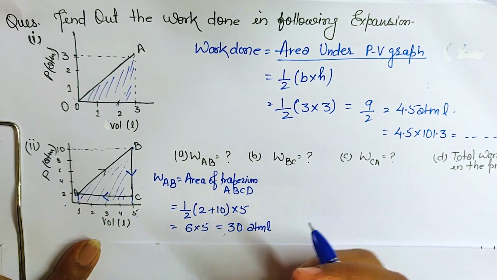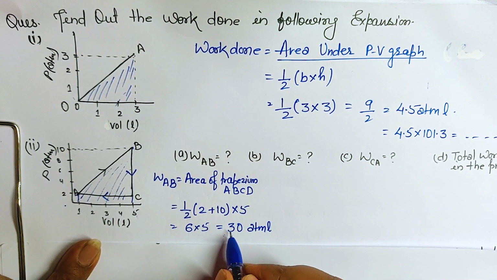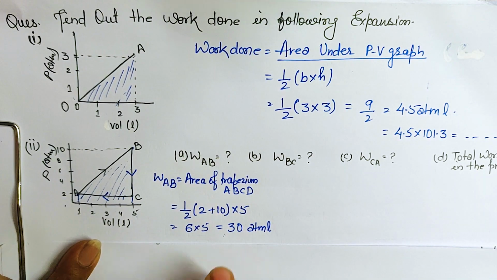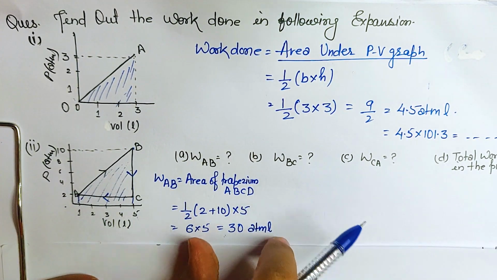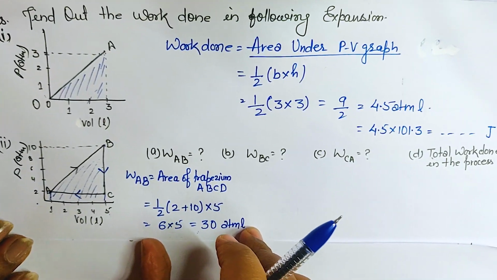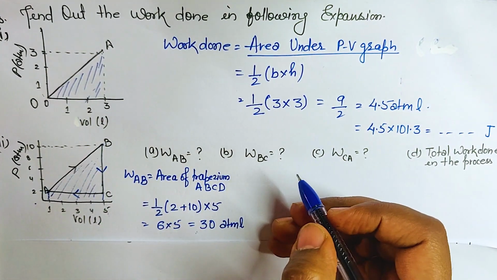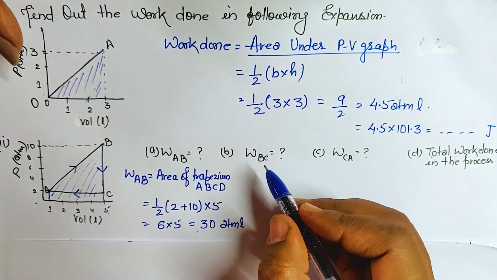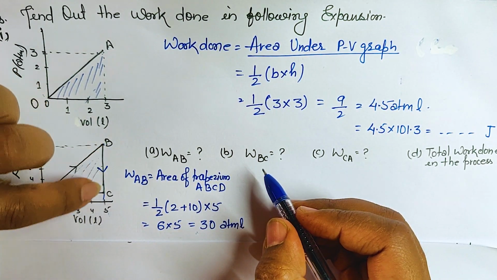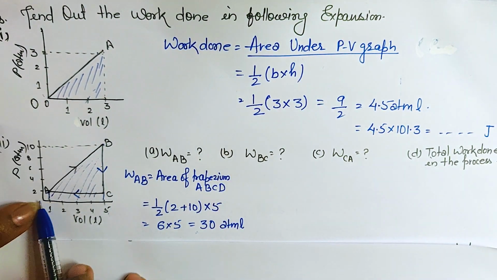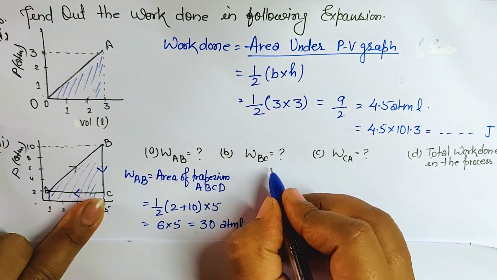What will be the sign in this? Okay, that I will tell you afterwards, how to find it. Let it be. Now this is WBC. In this case, BC, the volume is not going to change.